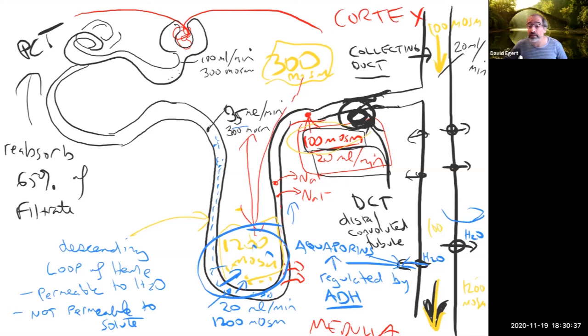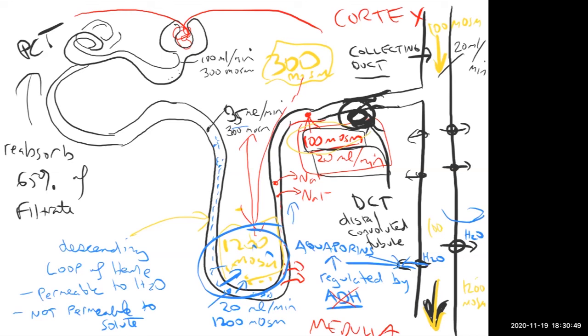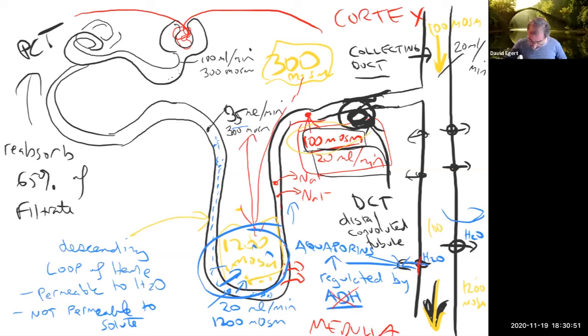Alcohol inhibits the release of ADH. If I inhibited the release of ADH, what would that do? You would lose more water. Pee more. If I don't have these aquaporins open, I'm going to have much larger volumes of very dilute urine coming out because I'm not pulling the water back into the body.